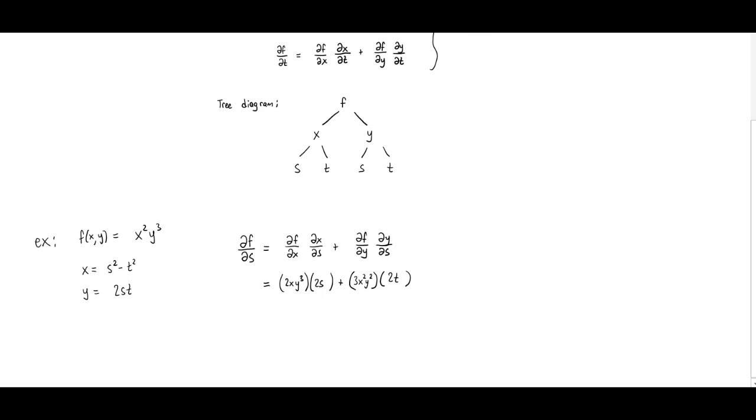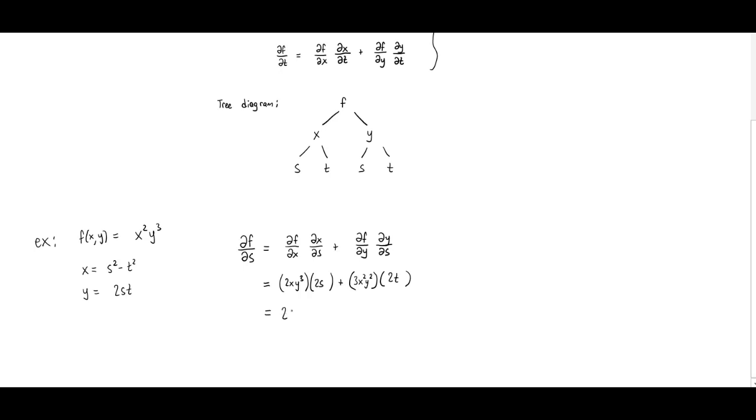Okay, now right now, the answer might look a little bit strange because you have x and y and s and t everywhere. So if I want my answer only in terms of s and t, then I need to plug in for x and y these expressions.